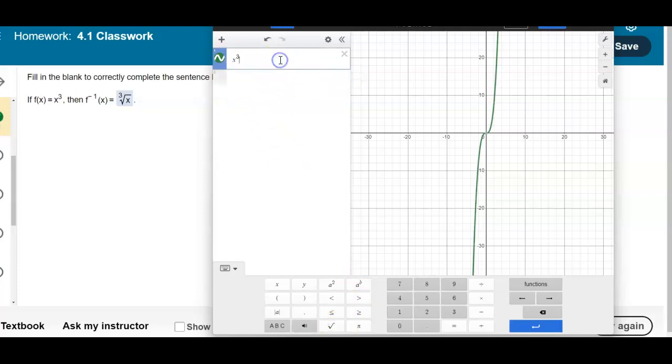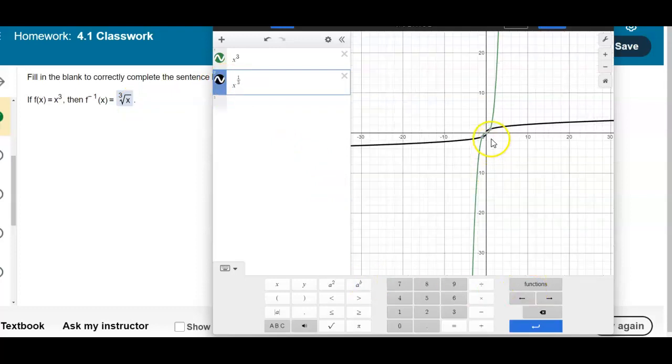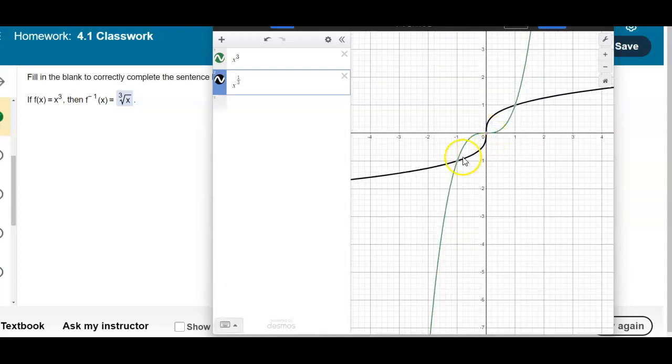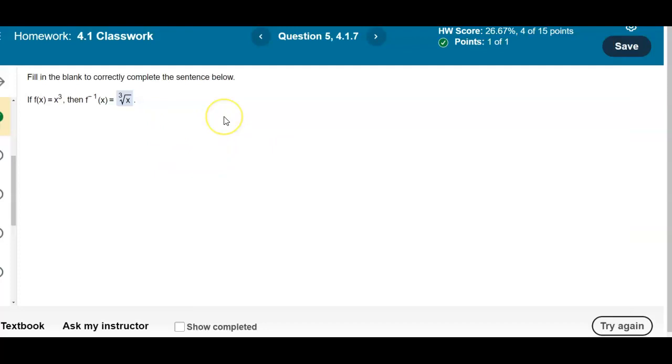So what we can do is the cube root of x is the same thing as saying x to the exponent of 1 divided by 3. And so you can see here that when you graph this, you can see that they are inverses of each other. And therefore, this represents an inverse function.